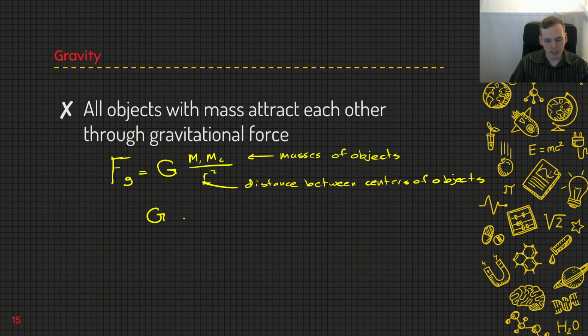This G is the universal gravitational constant, and it's equal to 6.67 times 10 to the negative 11. And the units on it are newtons meters squared per kilogram squared.